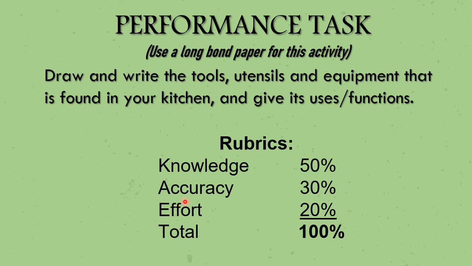Next is accuracy. If it shows it is well-planned and organized, that is equivalent to 30%. And last is effort. If it shows your full effort in doing this activity, this is equivalent to 30%. So for a total of 100%.